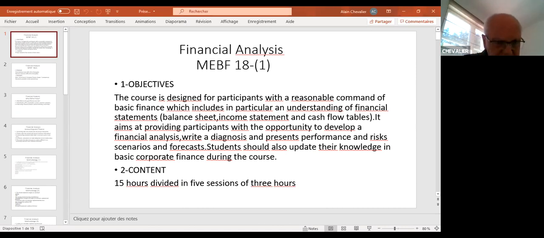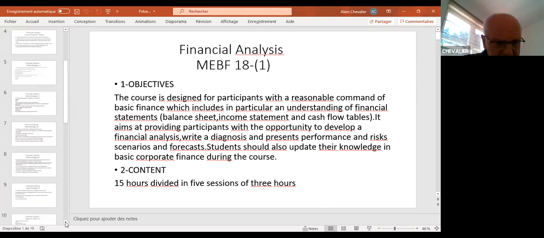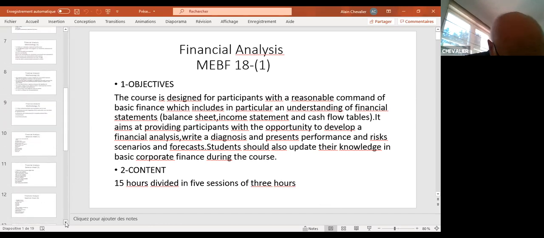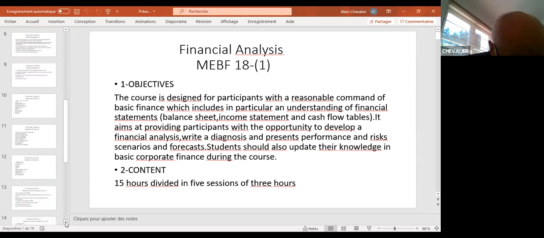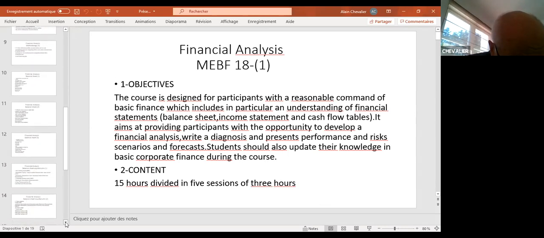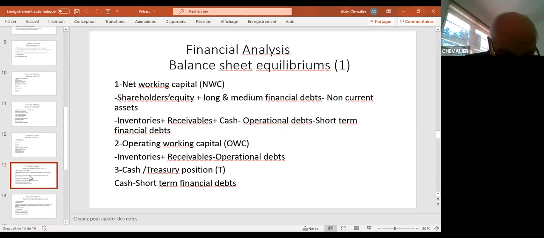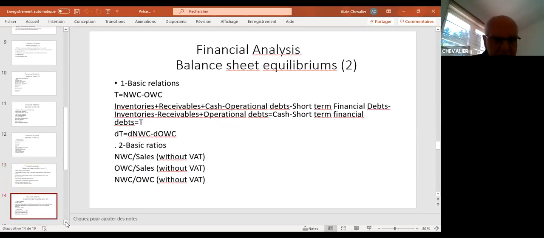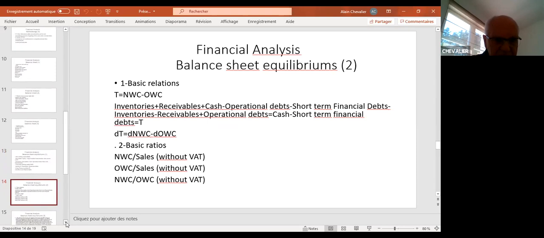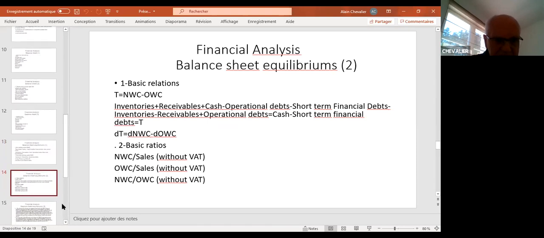I want to move to the last slides, because we went through all the slides on the balance sheet. We went also through the equilibrium definition. Do you see my slide here? Balance sheet equilibriums, that's okay? If I don't have an answer, my hypothesis is that the answer is yes.